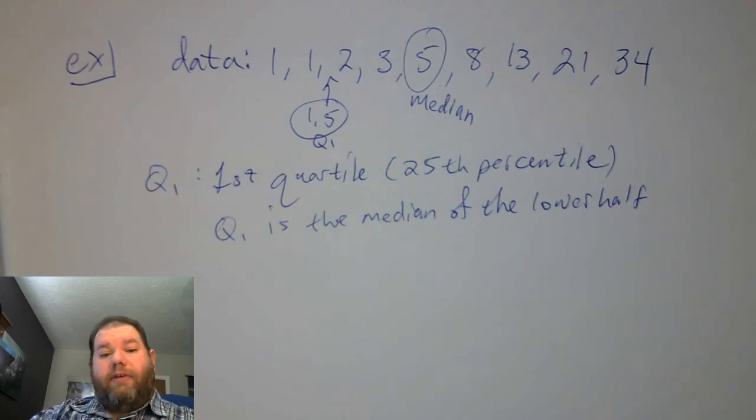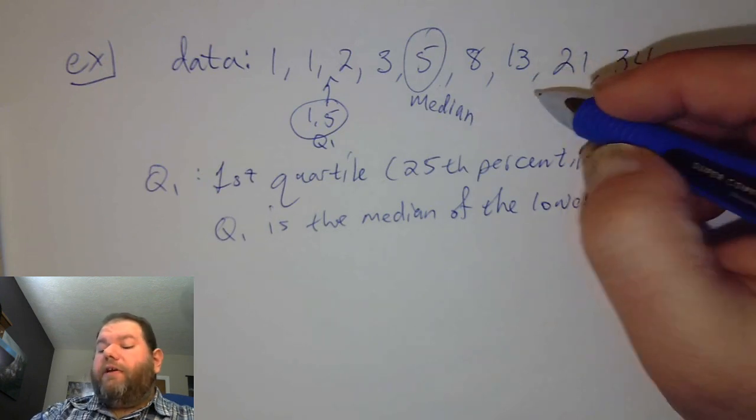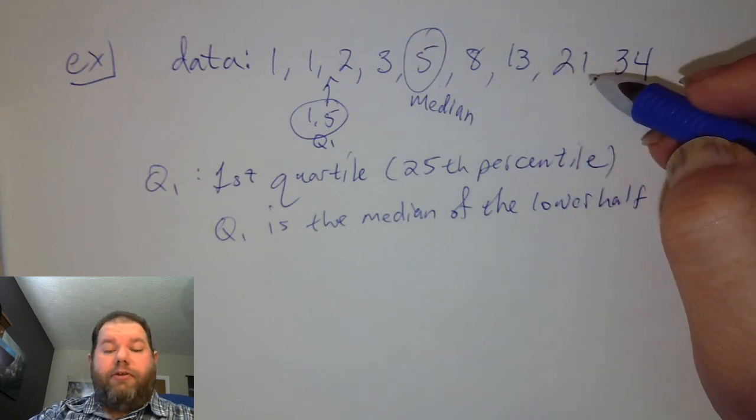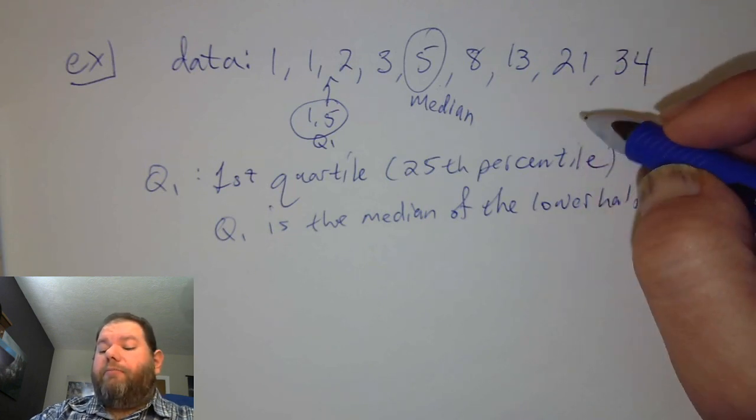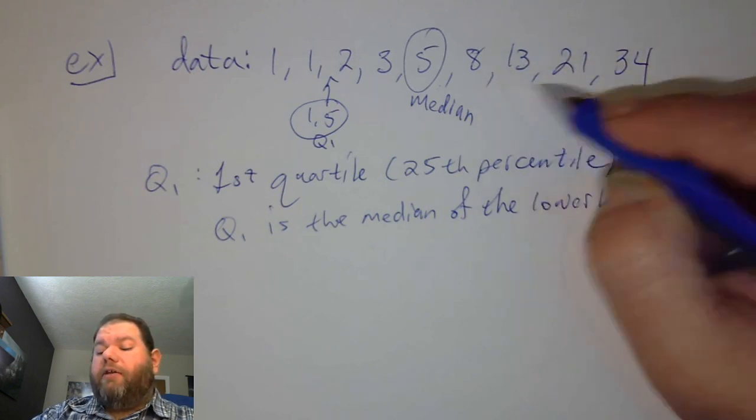Okay, and then by the same reasoning, we can say that the Q3, the third quartile, or the 75th percentile, is the median of the upper half of the data.